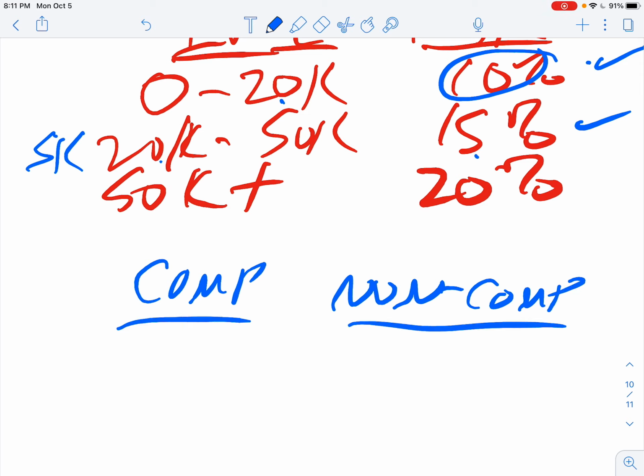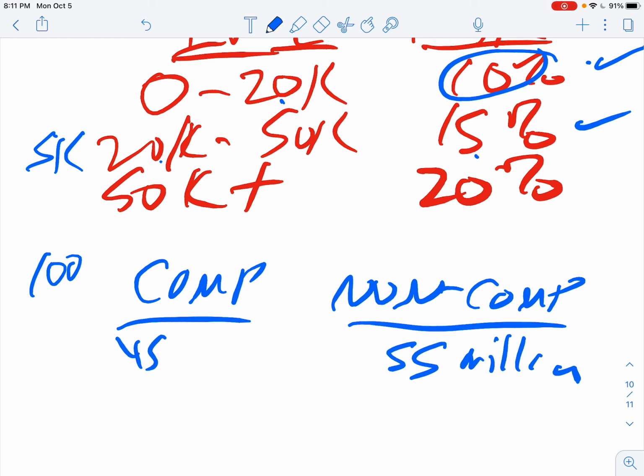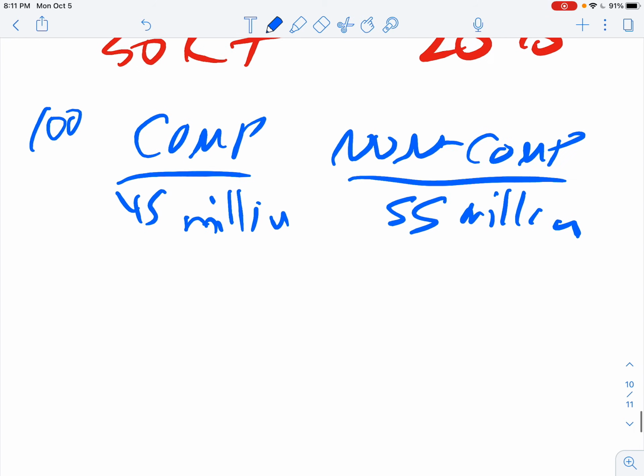In the example that's populated, the government needs to raise 100 million, or maybe it's 100 billion, I forget. The non-competitive bidders, people who are just saying I want whatever the rate is, want 55 million, and therefore the remaining 45 million has to come from competitive bidders.